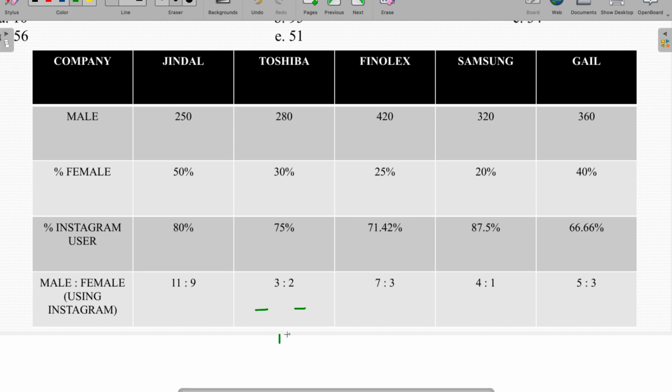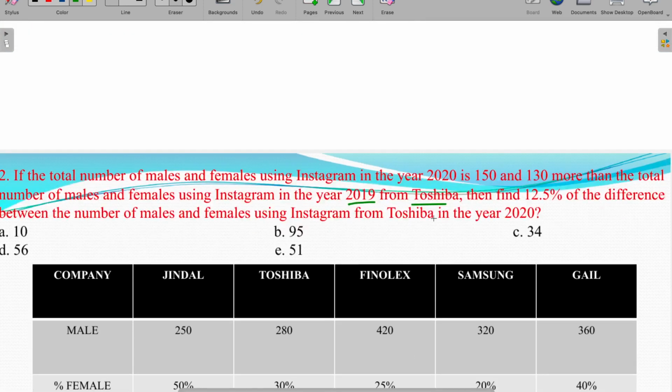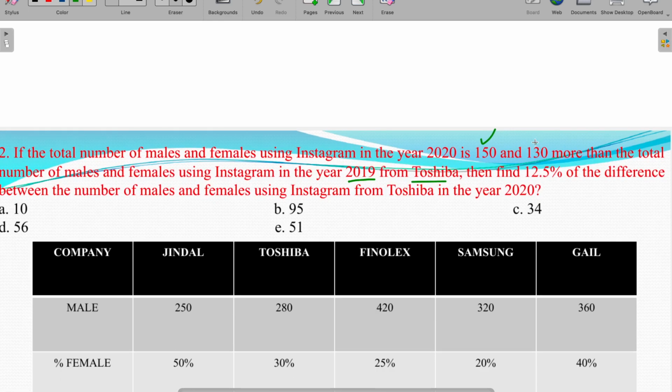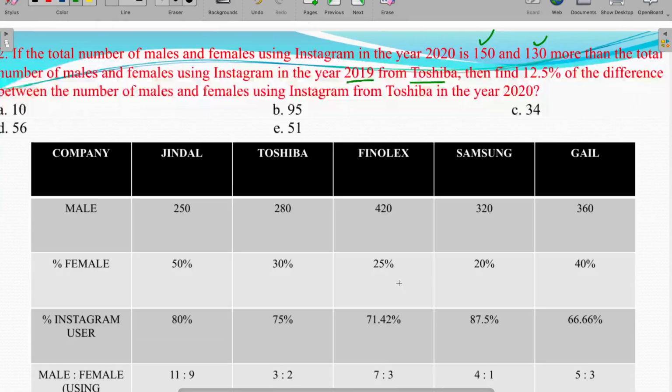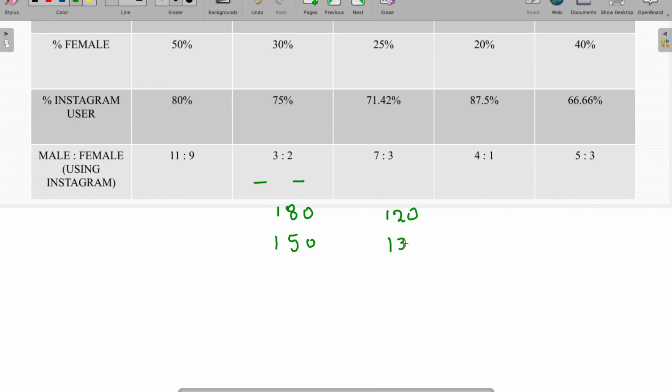Out of 300 total, 180 members are males, 120 members are females using in 2019, but in 2020, 150 males extra, 130 females extra. So I will add 150 and 130. Yes, 150 and 130. Now if I add this, it will be 330. Now it will be 250.